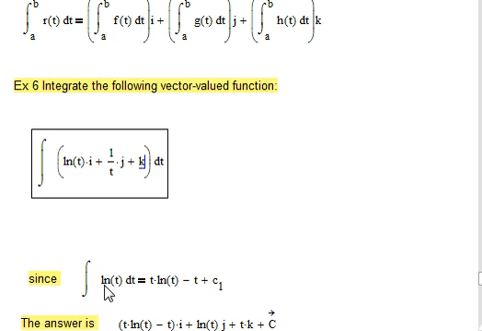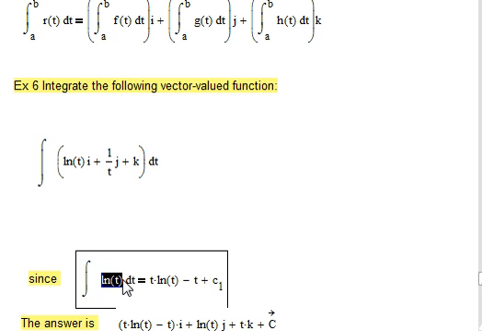So integrating ln of t, you have to do a little bit of extra work on that if you think about it.